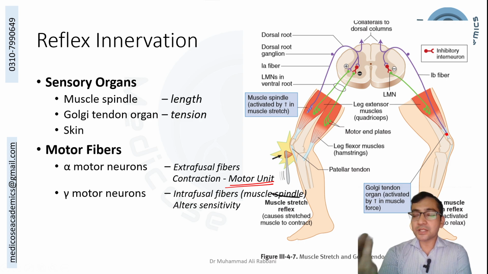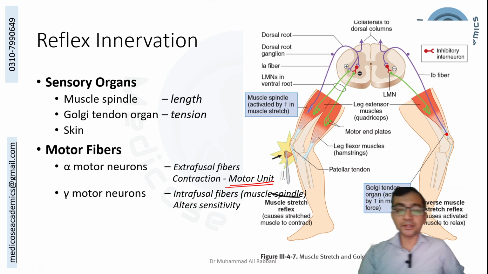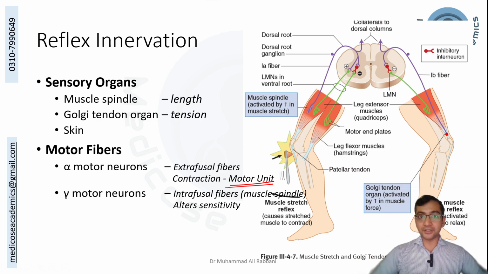And after the contraction, these cells will feel themselves already shorter than the extrafusal fiber. They will feel themselves already in a state of contraction, so they are now behaving as more sensitive. So gamma motor neurons are increasing the sensitivity of the muscle spindles.